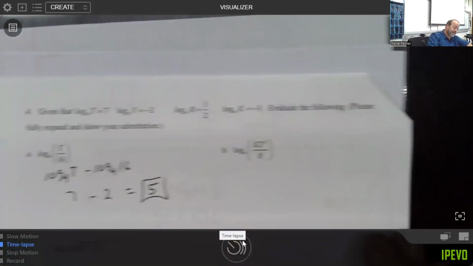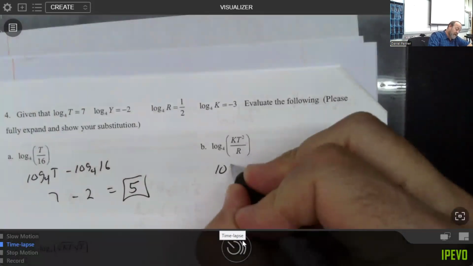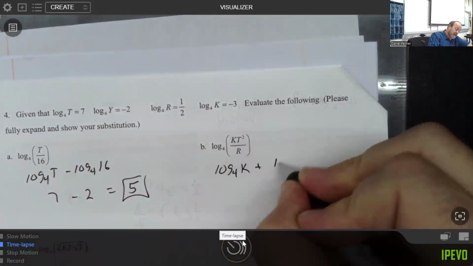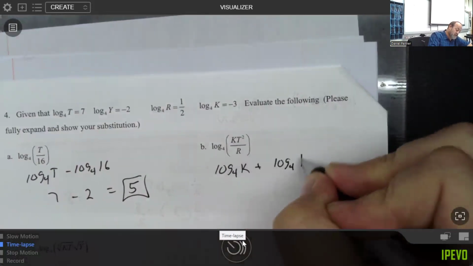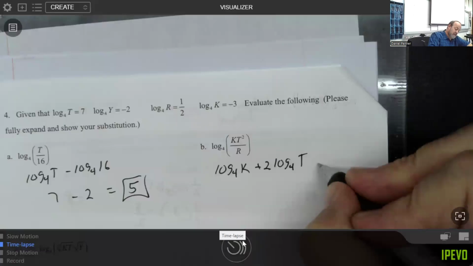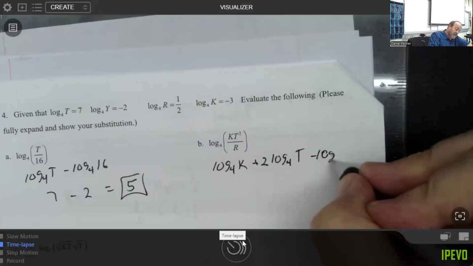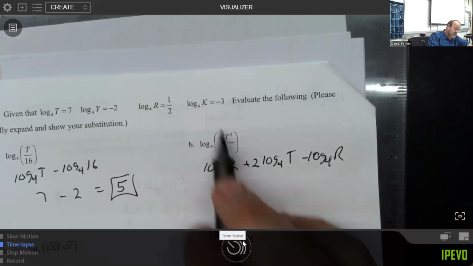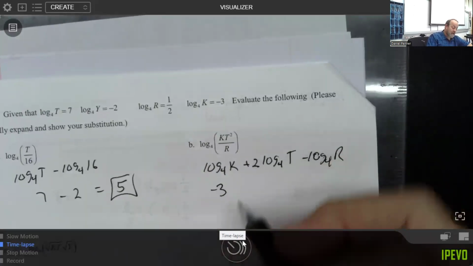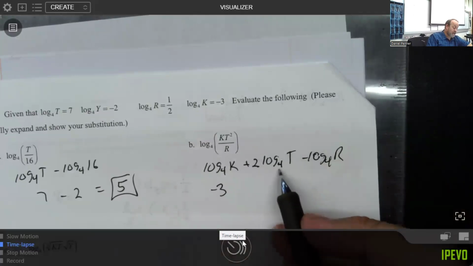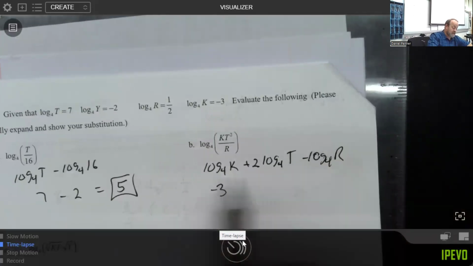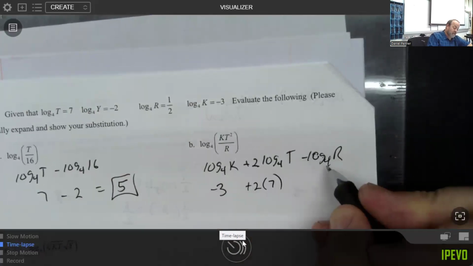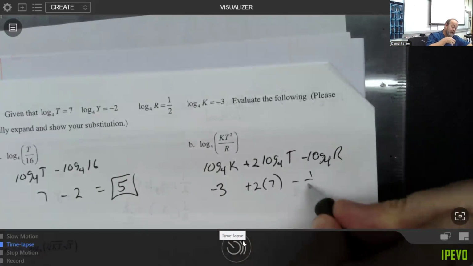That was pretty simple. Now over here, the property says I've got the log base 4 of k plus the log base 4 of t squared minus the log base 4 of r. But I know up here the log base 4 of k is exactly -3, the log base 4 of t is 7, and the log base 4 of r is 1/2.